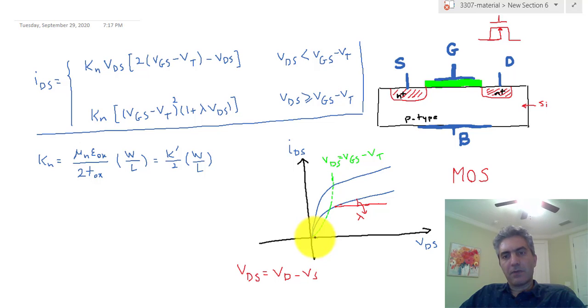Given that, if you start applying any voltage that is positive, you start getting a current.